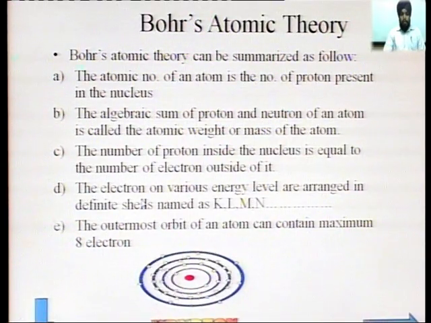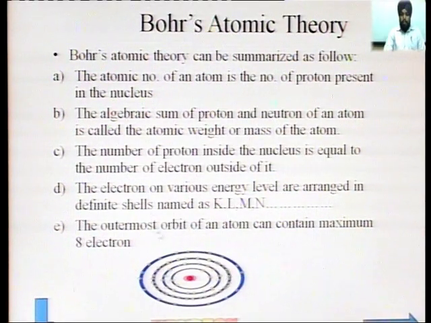The electrons on various energy levels are arranged in definite shells named K, L, M, N, and so on. So, the first shell can be named K, the second shell can be named L, the third orbit can be named the M shell or orbit, and the fourth orbit can be named the N orbit or N shell.